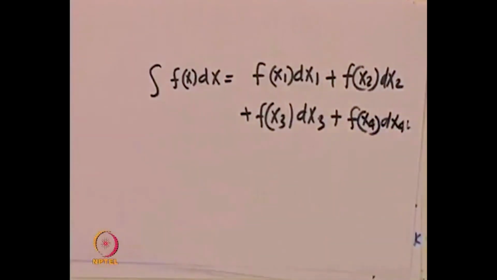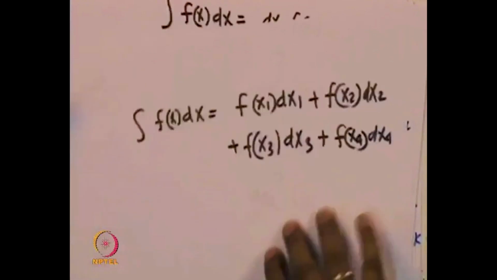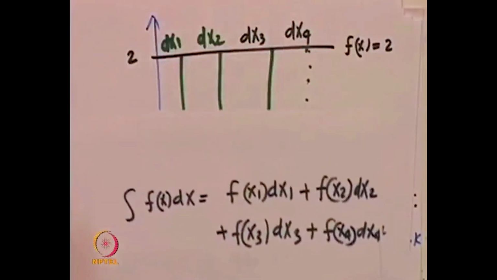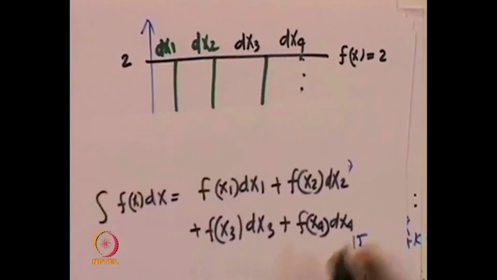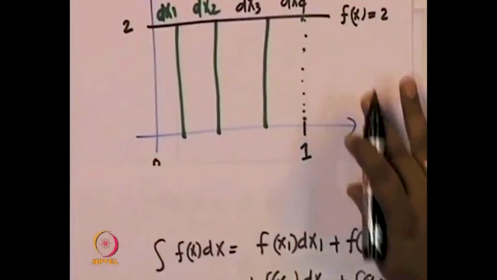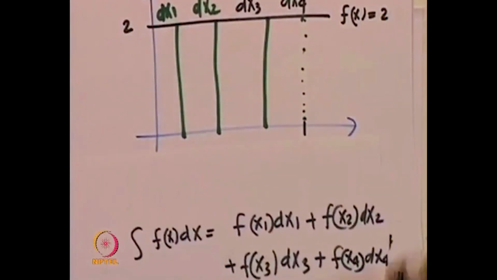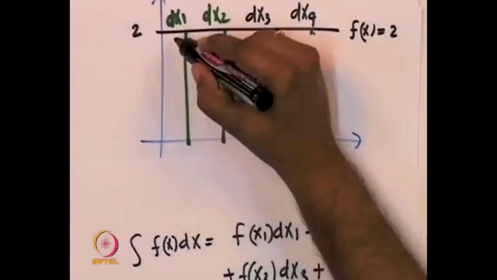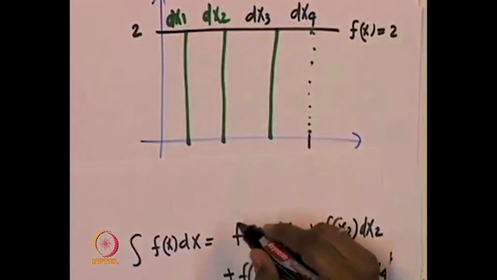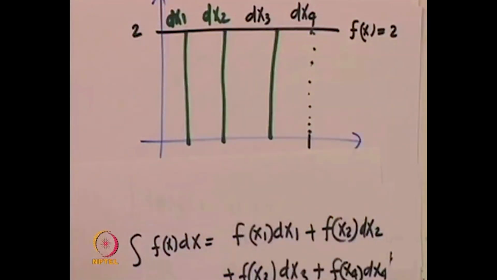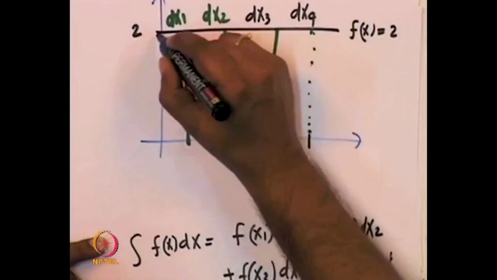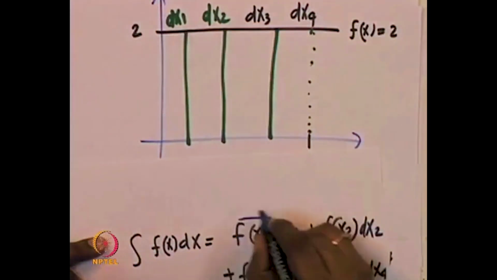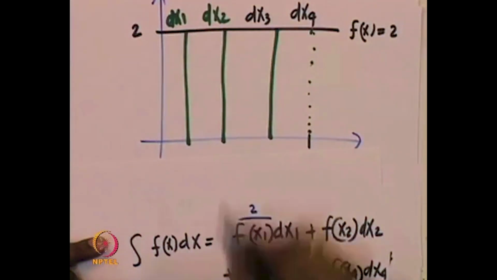What does this f of x1 into dx1 mean? f of x1 is somewhere in the first interval, and the function value there is 2. The function value f at any point x1 anywhere here is 2 itself. So this is 2 into dx1.